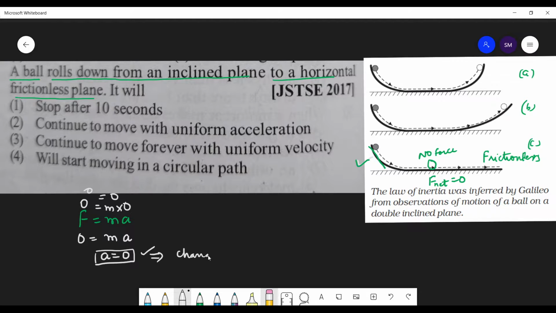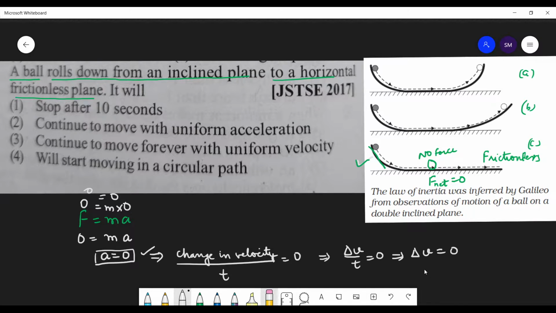Acceleration is change in velocity divided by time taken. If that is your acceleration, that equals 0. So what does this mean? Change in velocity upon time is 0. What does this mean? This means that change in velocity is equal to 0.